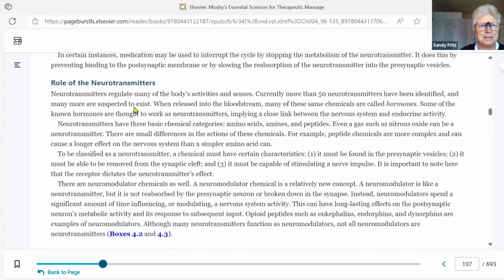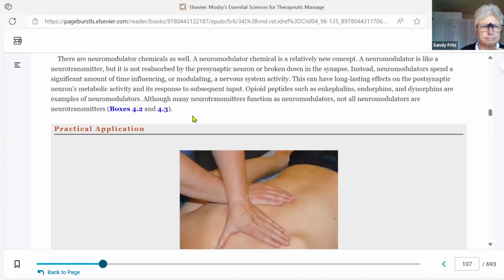So you may get some questions about neurotransmitters related to massage, because as far as the nervous system is concerned, the autonomic nervous system interface and that overlap into the endocrine system, these are our communication chemicals.